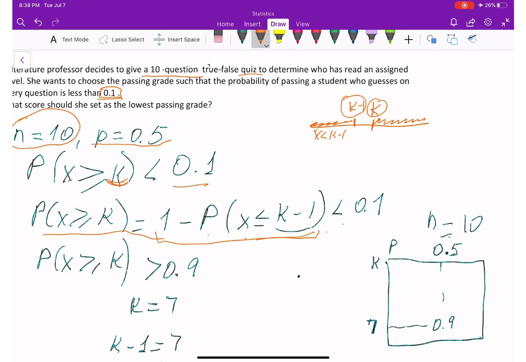If the 1 minus the probability of X less or equal to K minus 1 is going to be 0.1, then let me write down this one. It's going to be 1 minus this piece, 0.1.